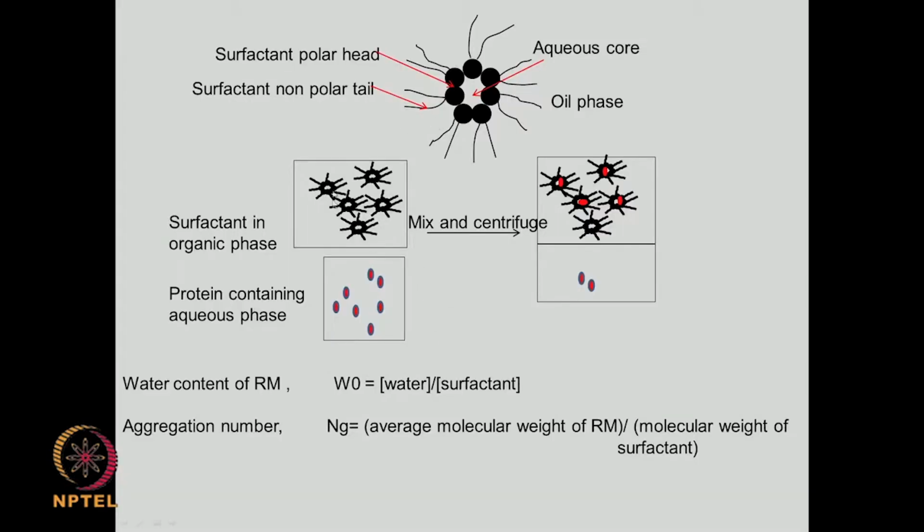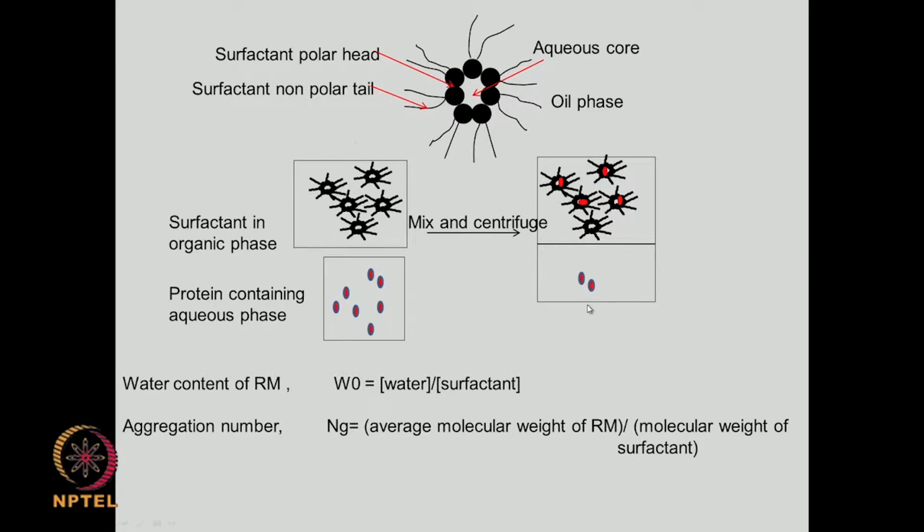So for example, I have surfactants like this, and they are forming a core inside. We have the oil phase, and the core is the polar core or the aqueous core. The surfactant in the organic phase takes the protein in, and later on we use a mixer and centrifuge and so on, so that as much of the protein as possible is captured inside.